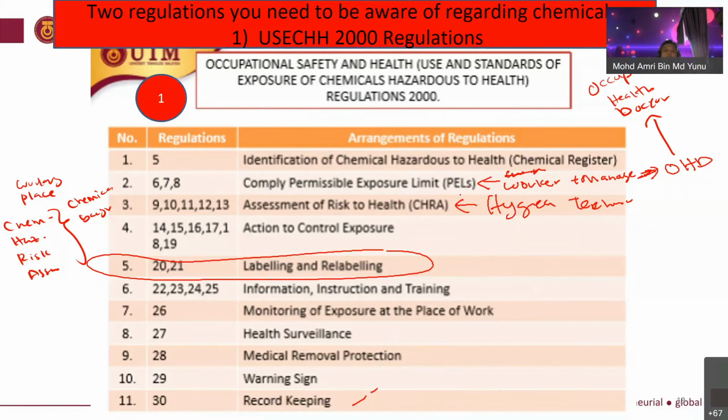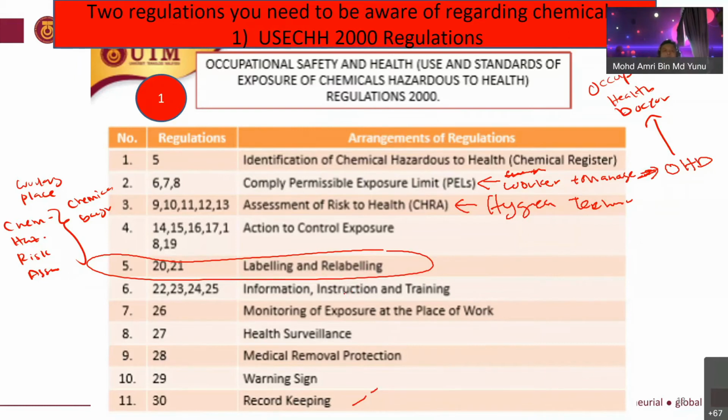Okay, what are the findings? And also here, the assessment of risk, the CHRA does that, and action to control exposure. Also in USECHH there are labeling and relabeling, but not as intense as in the CLASS regulation.